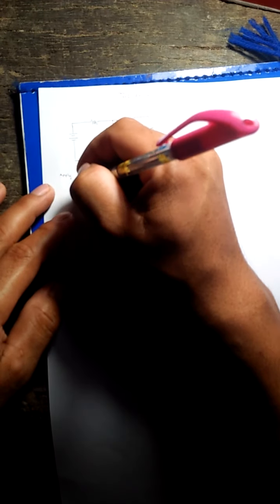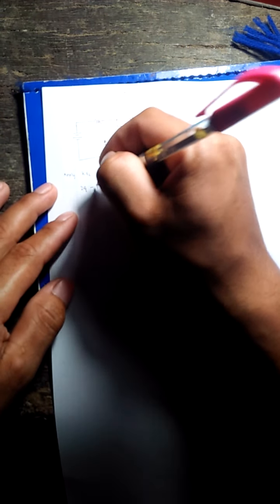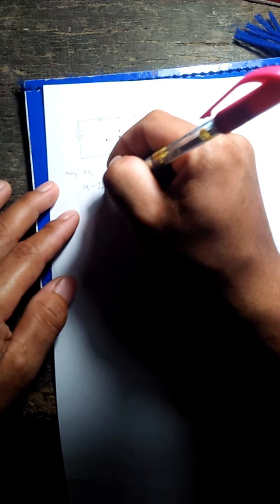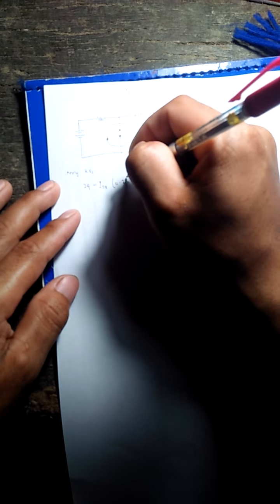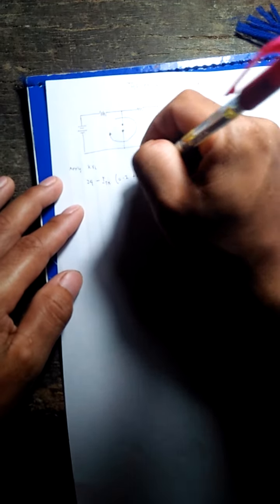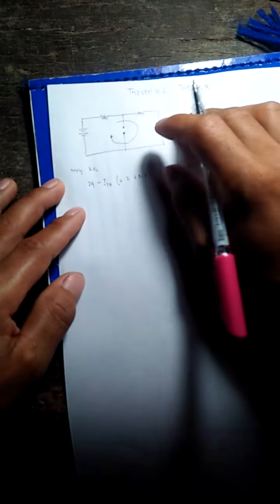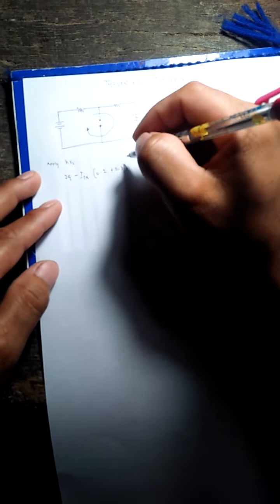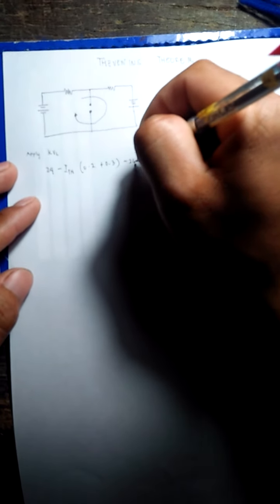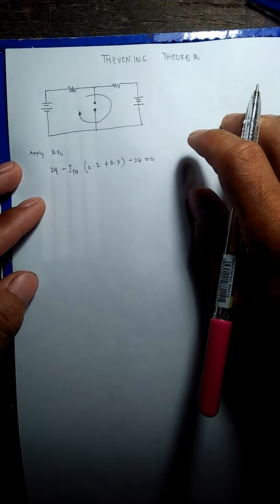Applying KVL, we have 24 minus ITH times 0.2 plus 0.3. This is based on the new created diagram. Minus 26 is equal to 0.